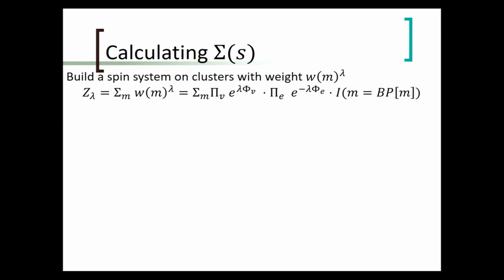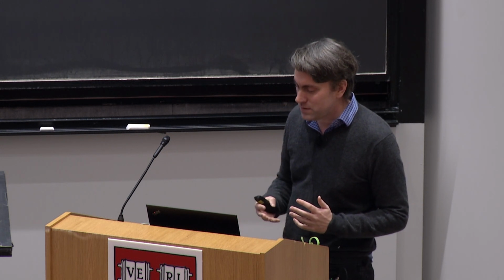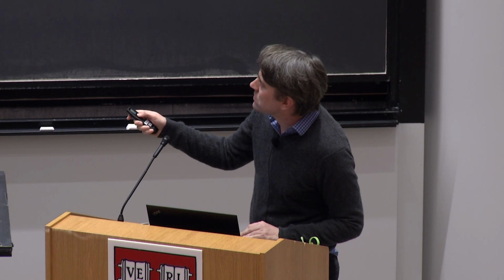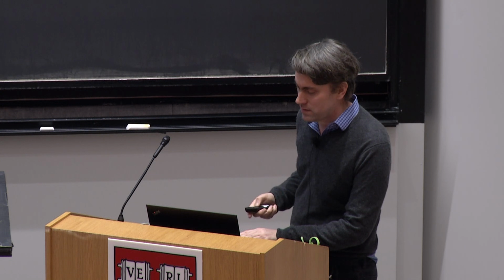But actually, you can write the weights in terms of local quantities. You can make this a weighted spin system, where the weights are like e to the lambda times phi on the vertices, and e to the minus lambda times phi on the edges, and these are all local quantities. So you can write down a spin system whose partition function Z lambda will just be the sum over all the clusters of their weight to the power of lambda.